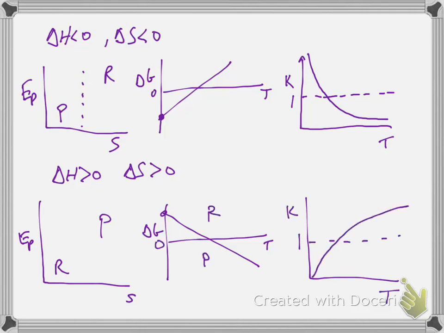So you just want to make sure that you can walk through this type of analysis for each one of the different cases. And also you want to remember where products are favored. Products are always favored at delta G less than 0 and K greater than 1.